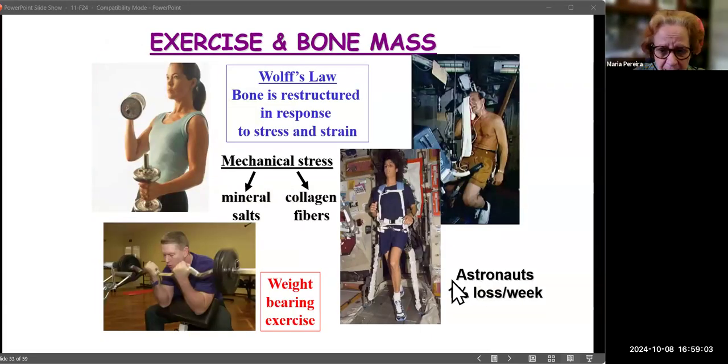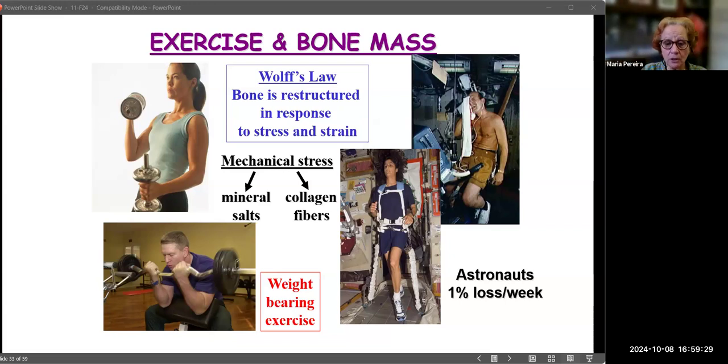Okay, so what does exercise do? So exercise strengthens the bones. It increases the density of the bones. There's more calcium deposited on the bone. So this is regulated by Wolff's law, which says that bone is restructured in response to stress.